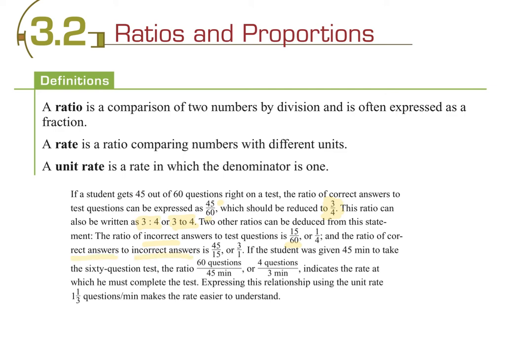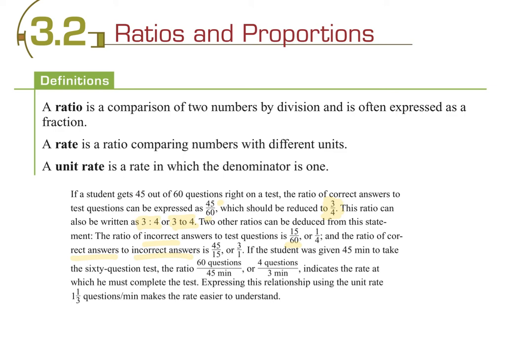That would be 45 correct to 15 that were incorrect. So you can look at all of this information depending on what they're asking for, and you can get different ratios. If they said correct answers compared to the total number, that's your 45 over 60. If they said incorrect to the total number, that would be your 15 over 60. If they said correct to incorrect, that would be 45 compared to the 15. And so it just depends on what they're asking for.